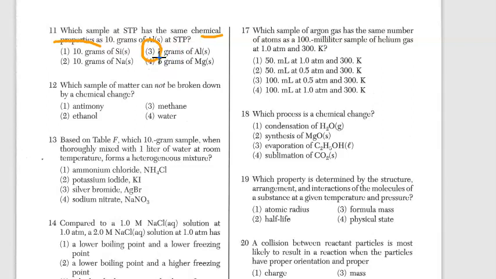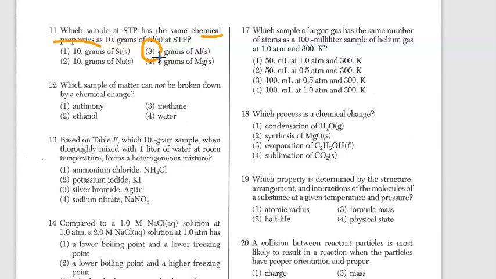Silicon, sodium, and magnesium have their own properties. I think somehow the New York State writers are trying to trick students with the gas law question with the number of particles at STP. But this is a totally different question. So chemical properties, it doesn't matter how much of an element you have. If it is that element, it's going to have the same chemical properties.